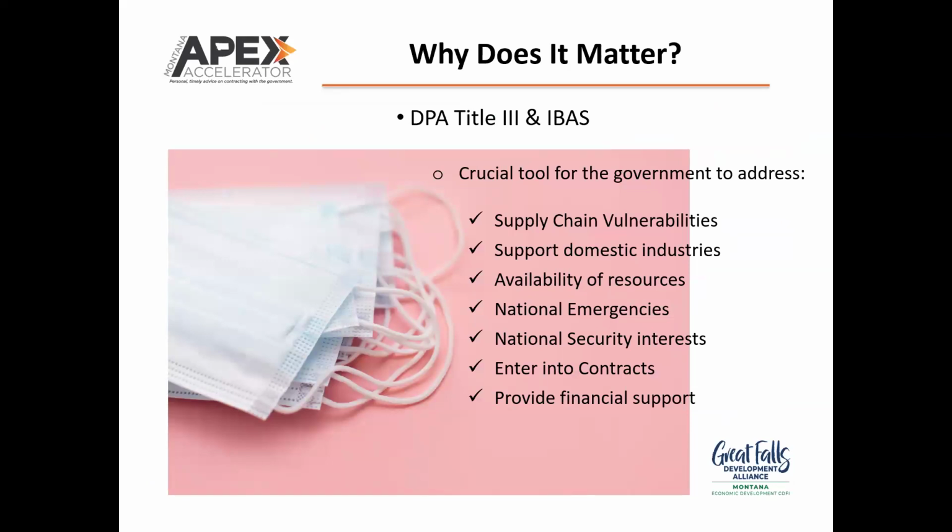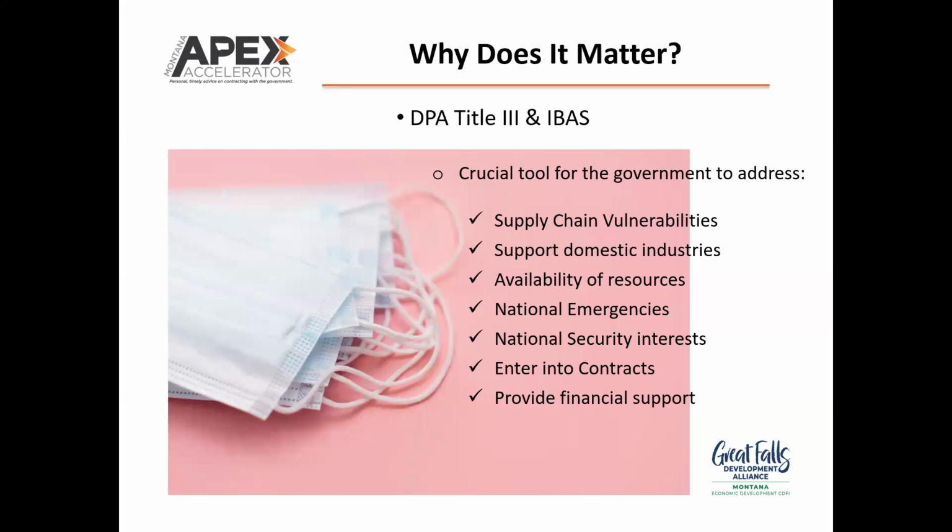Why does it matter? Looking at the history of DPA and current DPA Title III and IBIS priorities, we can see that these are crucial tools. The U.S. government can use these tools to address supply chain vulnerabilities, support domestic industry, and ensure the availability of critical materials and resources during times of national emergency or when national security interests are at stake.